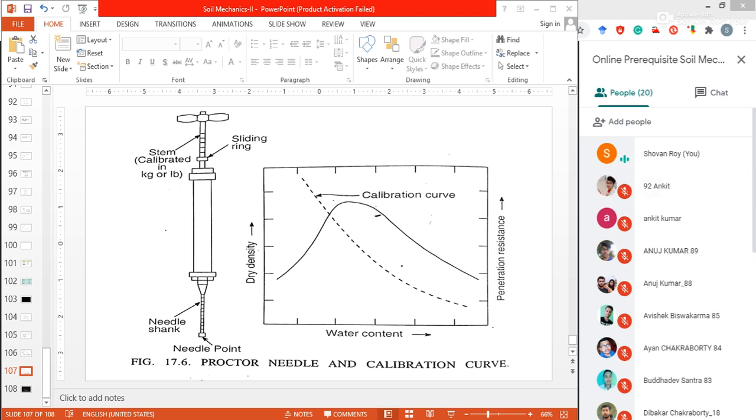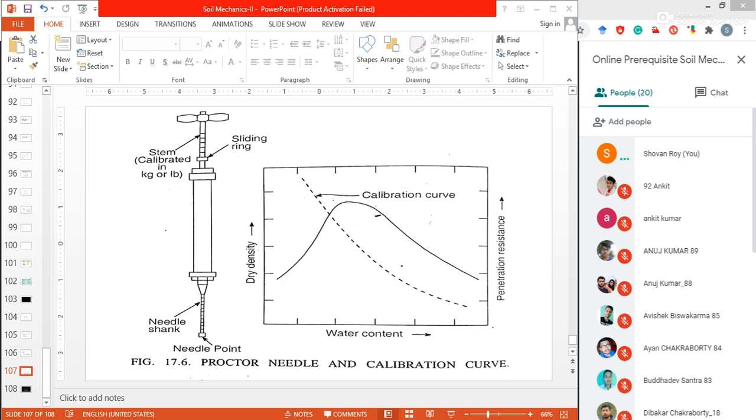As we know, in the lab we require at least 24 hours to get the water content result. But there is another method through which we can quickly get the water content value. The rapid determination of water content can be done by two methods.